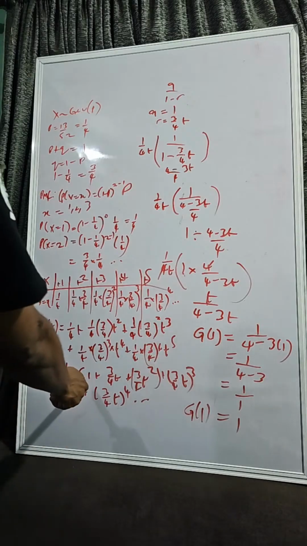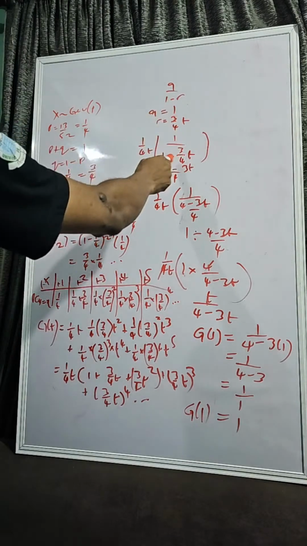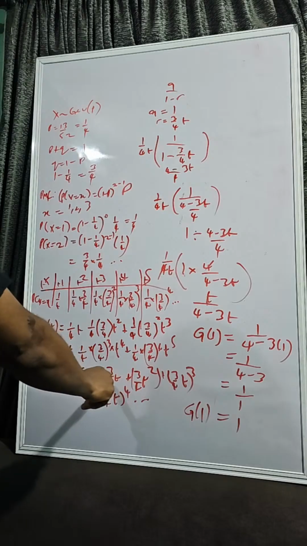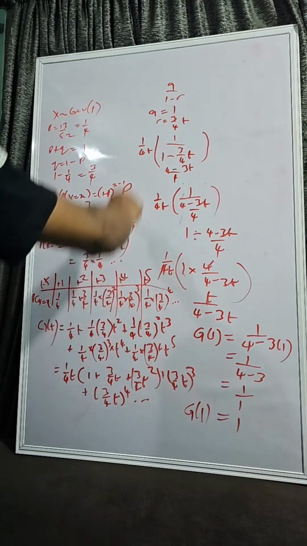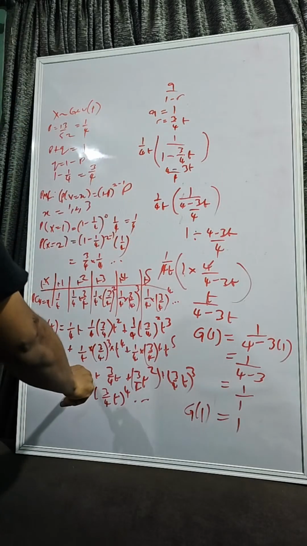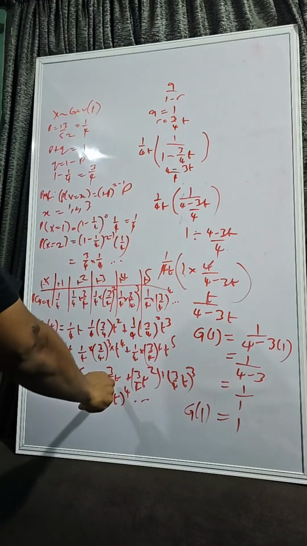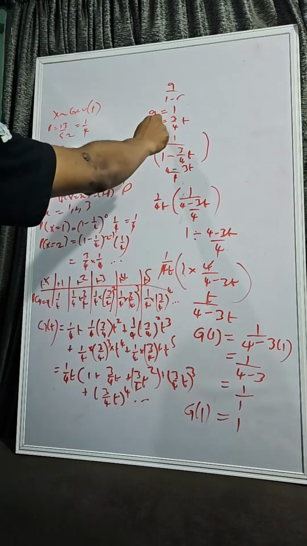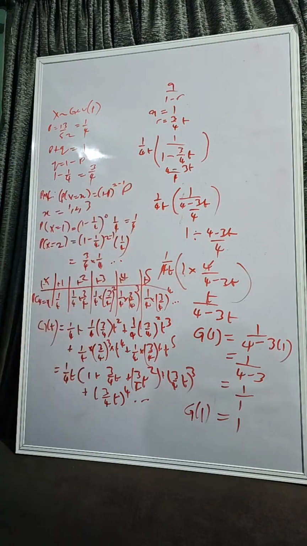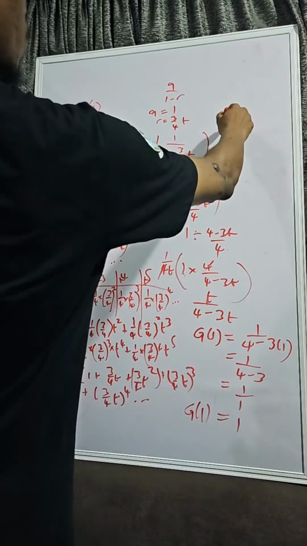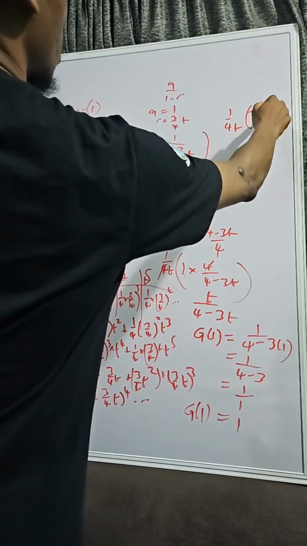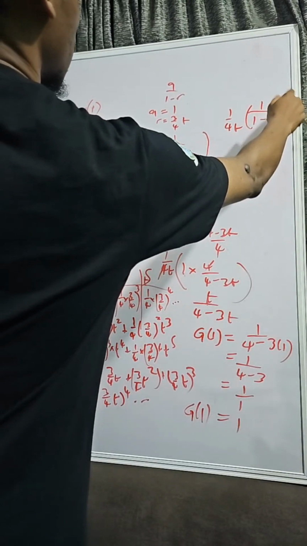But at least you know how we turn this into this, right? Since this is an infinite geometric series, we are going to use this formula a over 1 minus r, where our a is 1 and our r is 3 over 4t. So that's up to this point. So this 1 over 4t is here, and we now have 1 over 4t times 1 over 1 minus 3 over 4t.